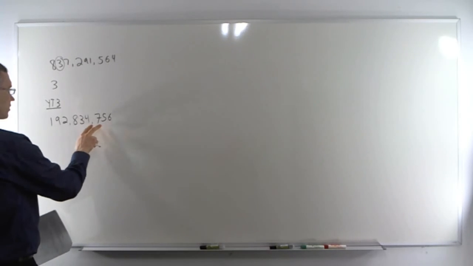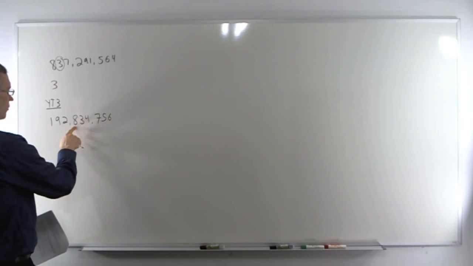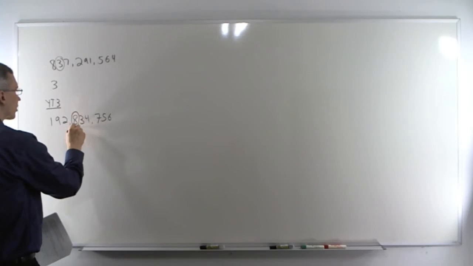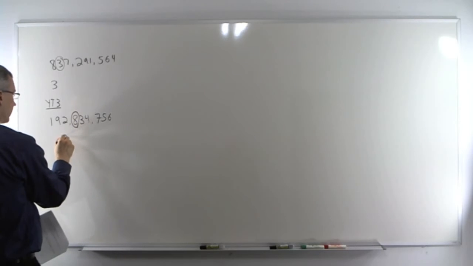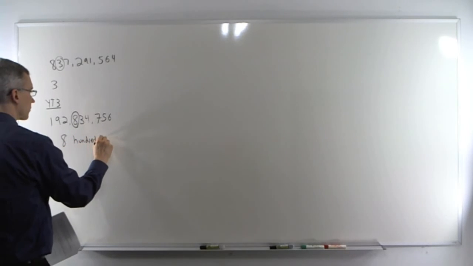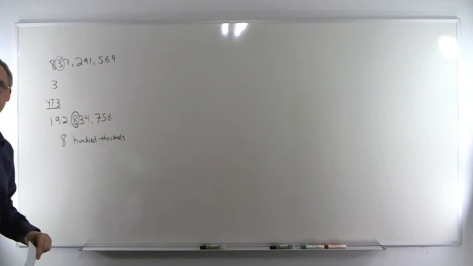So we have ones here, thousands here, 10s, 100s. So the third digit gives us the number of 100,000s. So we have 800,000s.